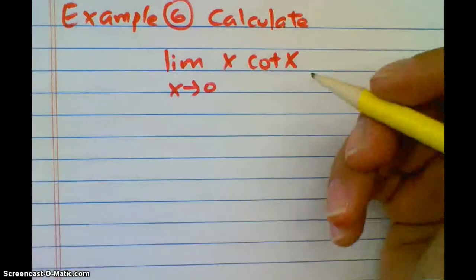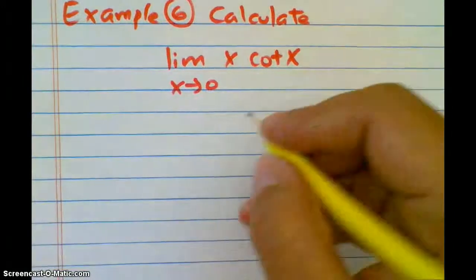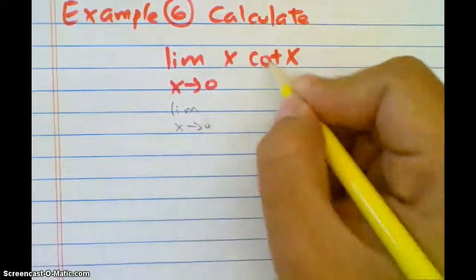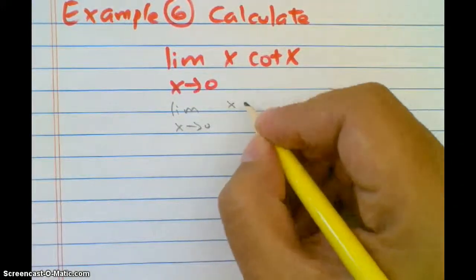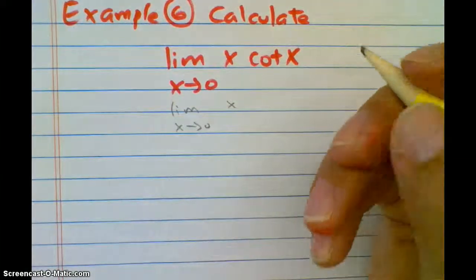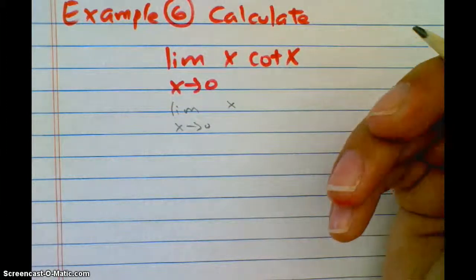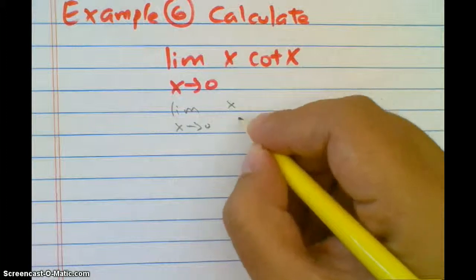In the last example, we have to remember that cotangent is cosine over sine, so I'm just going to change that because I really don't know a fact about cotangent. So I'm trying to look for something that says sine of x over x, or the other one that I know, cosine of x minus 1 over x.